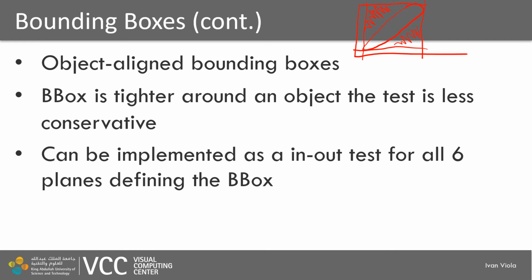Well, this could be partially circumvented by a more well-aligned bounding geometry, which is called object-aligned bounding boxes. The object-aligned bounding box will sort of evaluate what is the main axis of the object, and will align the bounding box with this main axis, and will try to fit the box around the object much better than the axis-aligned bounding boxes.